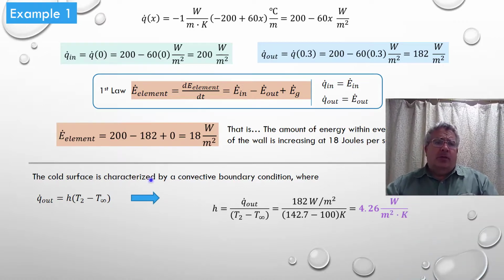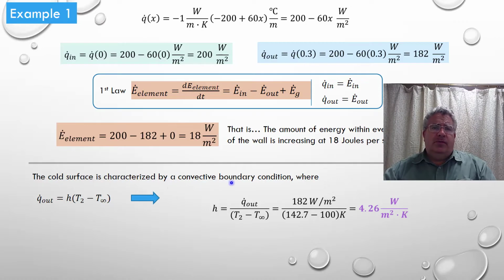Now, the last thing it says is that the cold surface is characterized by a convective boundary condition. So what they're telling us is that the outside surface, the free stream condition, is 100 degrees. So we have that. We have T2. We know what the wall temperature is on the right-hand wall, and we know how much energy has to go out the right-hand wall.